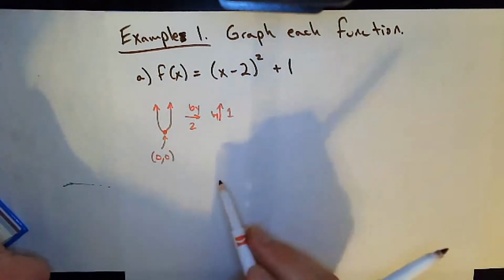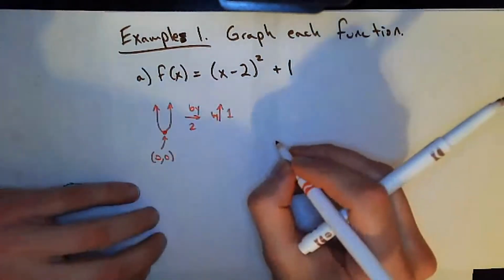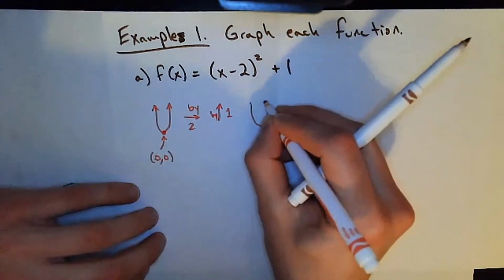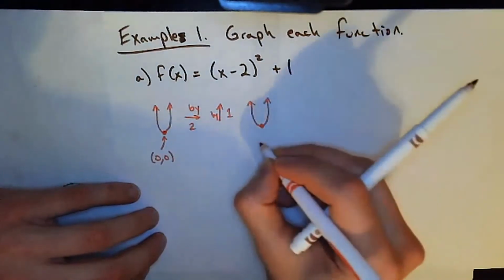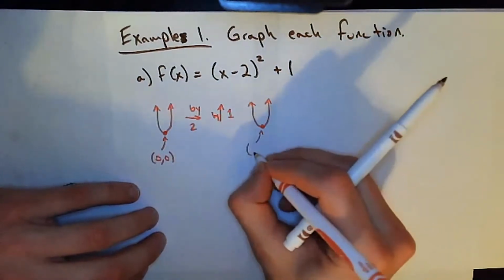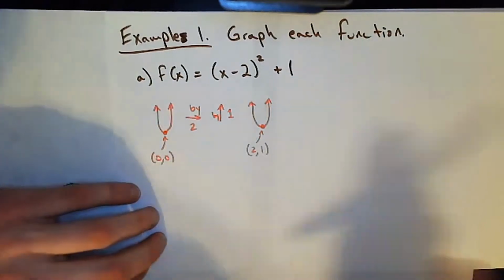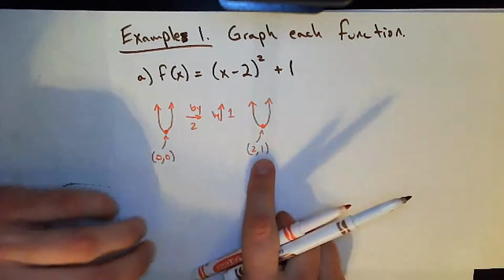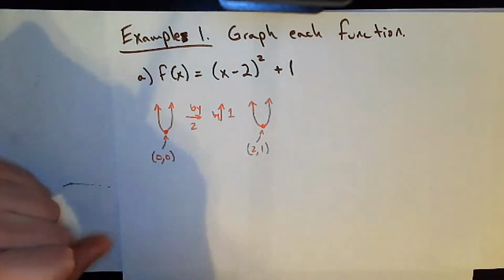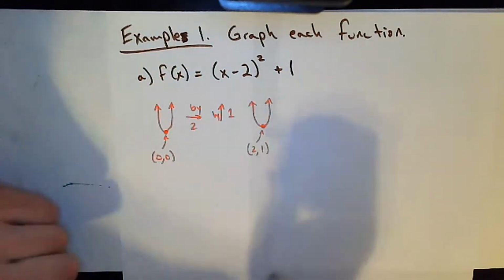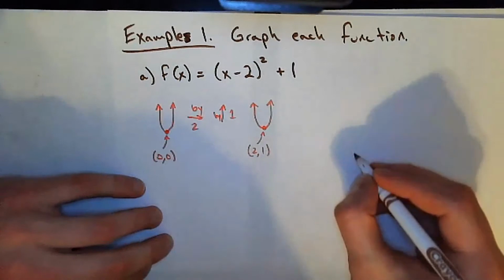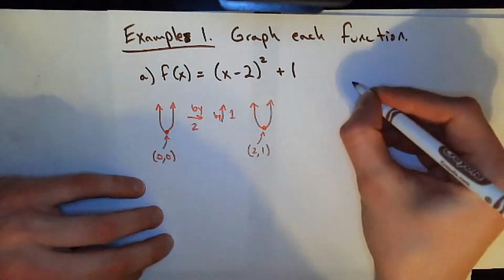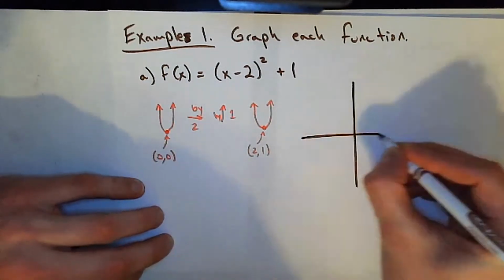So if I'm shifting it right by 2 and up by 1, then its new vertex is going to be 2, 1. Shifting right by 2 increases its x value by 2, and up by 1 increases its y value by 1. Positive increases for both of these. There's going to be points like that that are helpful for each different type of graph.